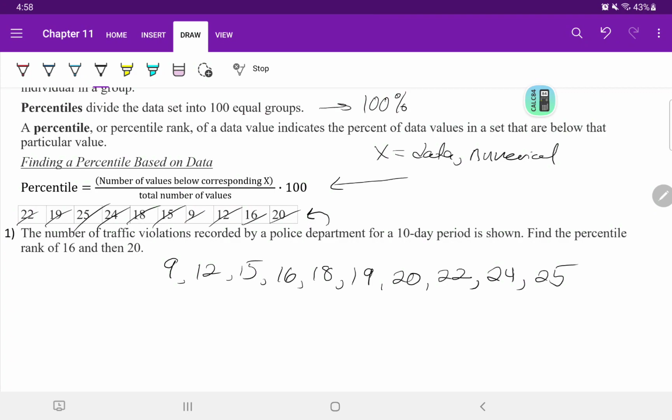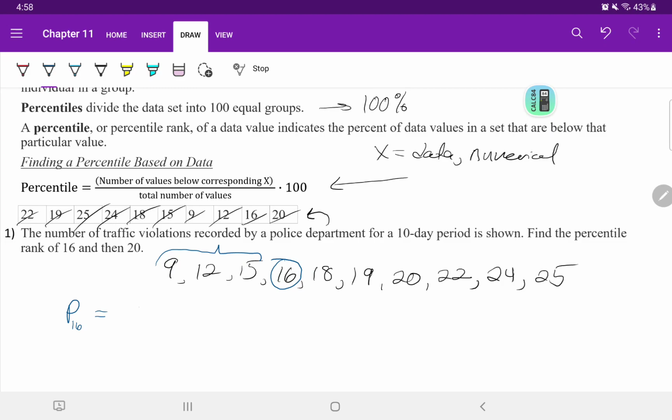Let's use the formula. 16 is right here. To compute the percentile, which I'm going to call P in this case, for the data value of 16, that is going to equal the number of data values below 16. And if you look here, we have 3 data values below 16.